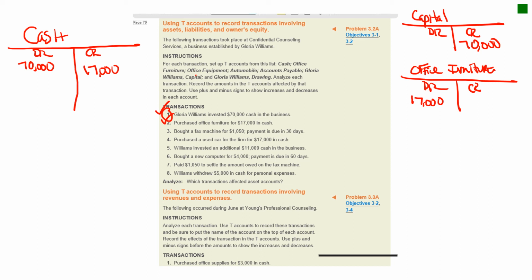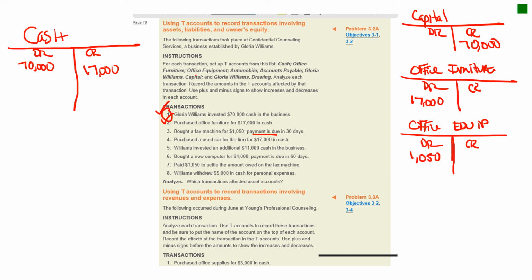Number 3 says you bought a fax machine for $1,050. Payment is due in 30 days, meaning you haven't paid cash yet. A fax machine would be office equipment, so I'm going to write office equipment right over here. All right, we've got our debit and our credit, and it's $1,050. So we're going to increase our equipment by $1,050 because that's an asset.